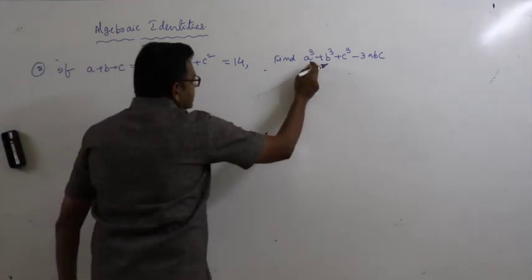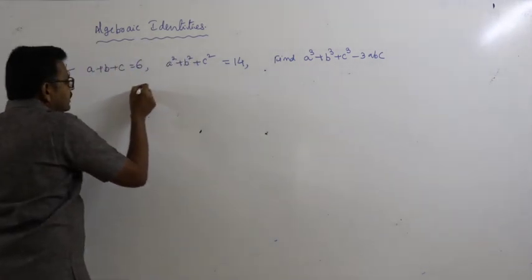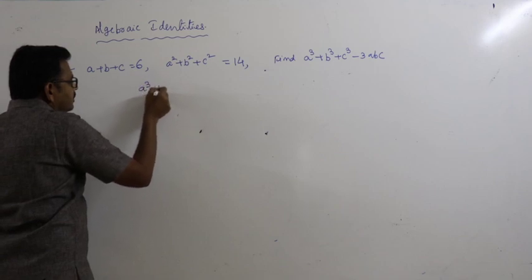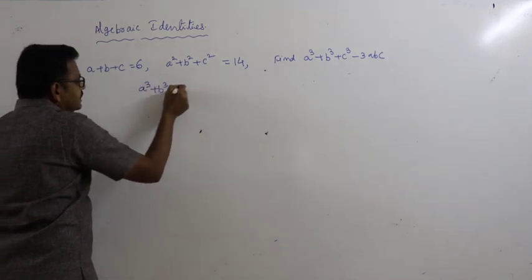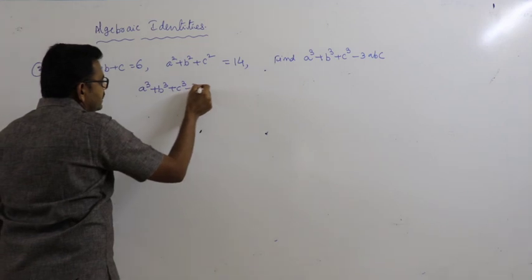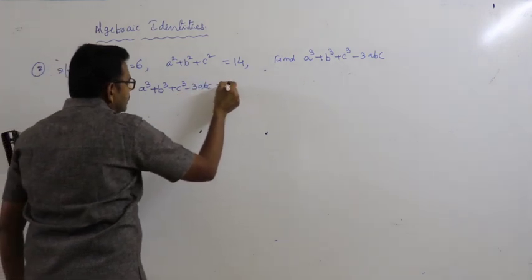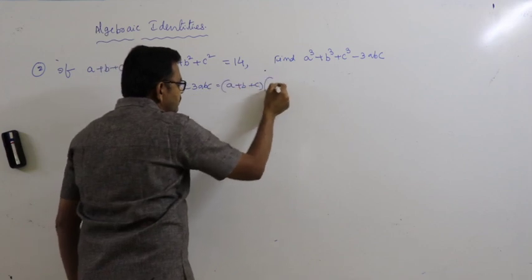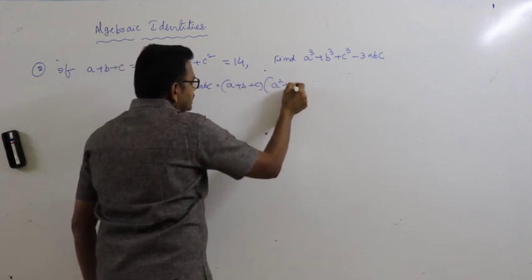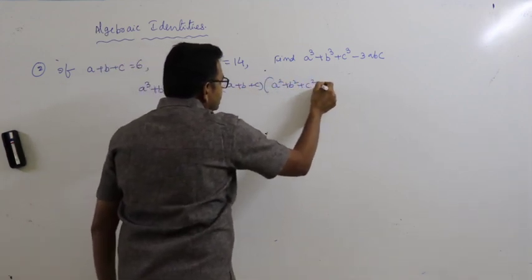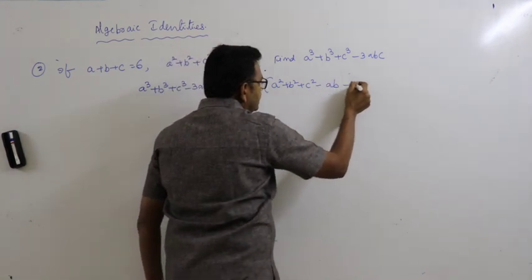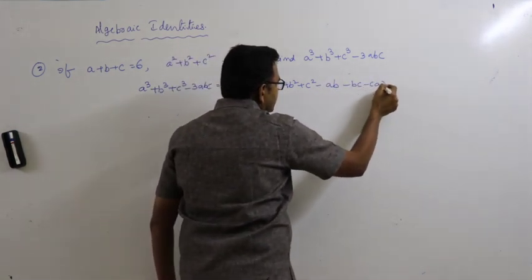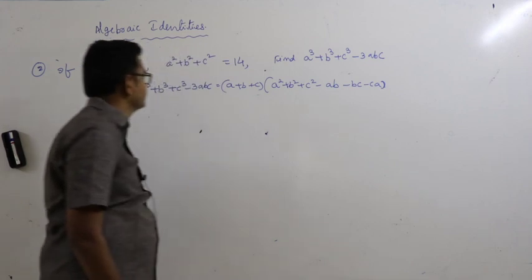So, first of all, you write the formula: a cube plus b cube plus c cube minus 3abc is equal to a plus b plus c into a square plus b square plus c square minus ab minus bc minus ca.